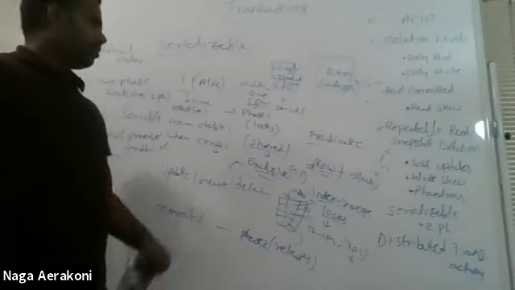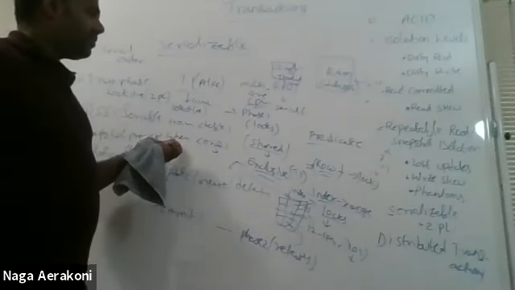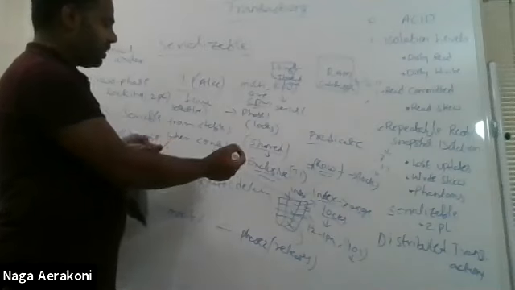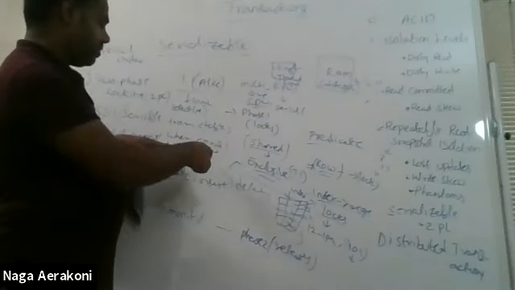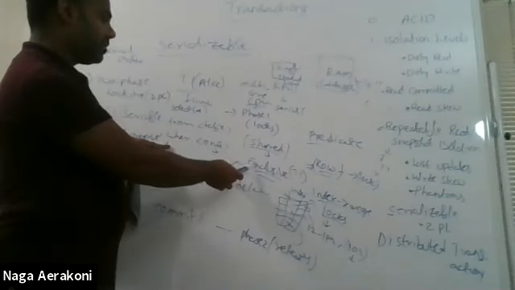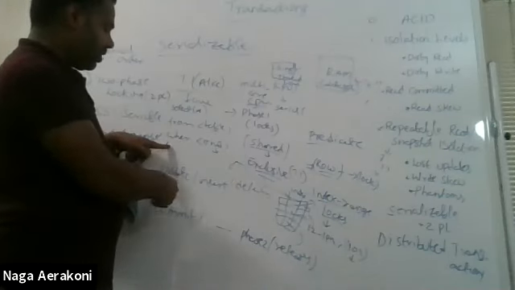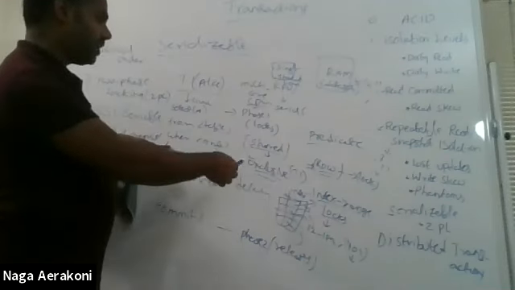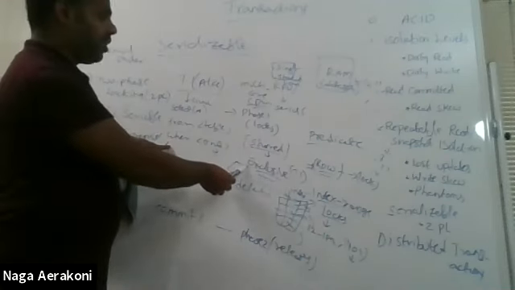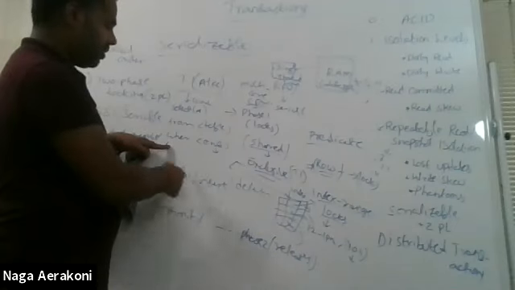Yes. Basically, if you have multiple transactions and you are getting a lock in exclusive mode, we are talking about serializable, right? If you get a lock in exclusive mode, that means you are updating.